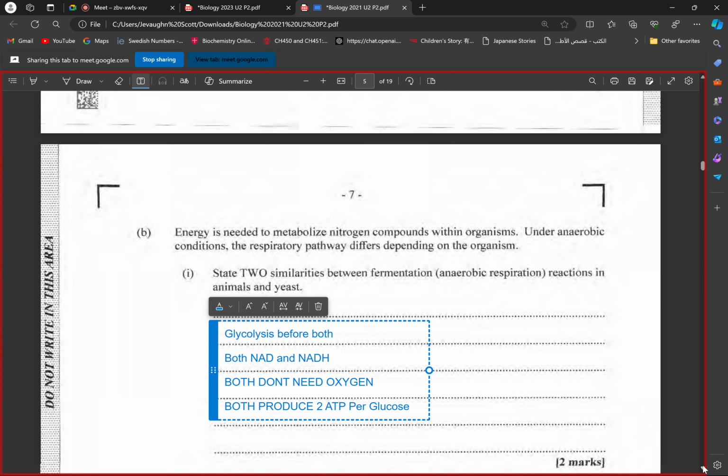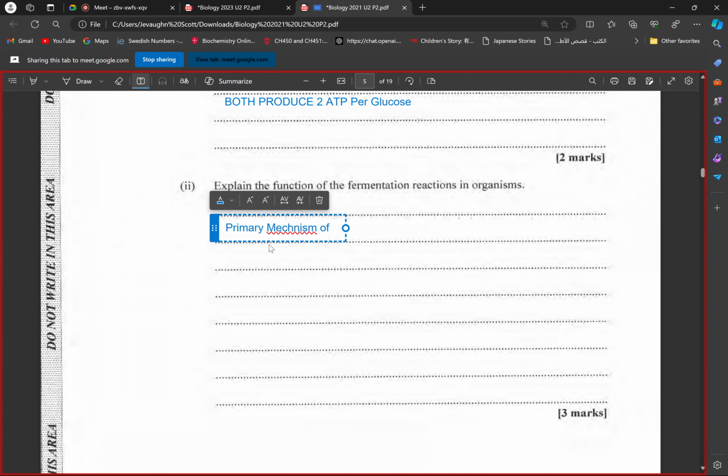Explain the function of fermentation reactions in the organisms. What is the function of the fermentation reaction? What I'm going to state first, because I'm not sure if anybody would state it, but I'm pretty sure somebody would have. It's a primary. Go ahead. To break down sugars.